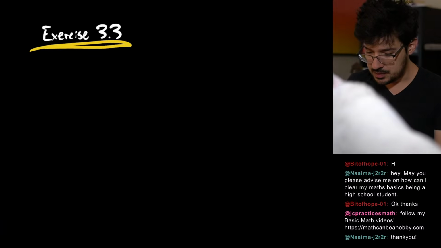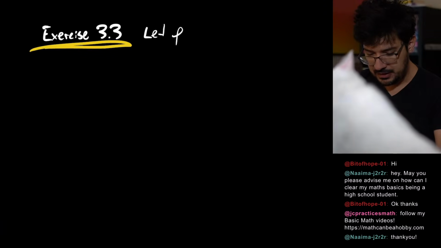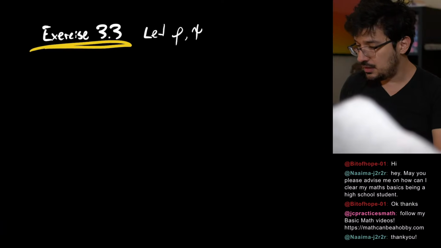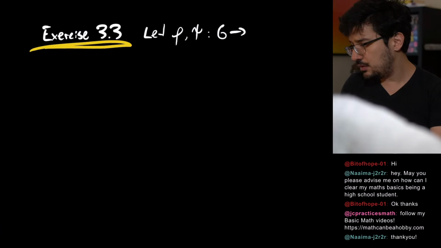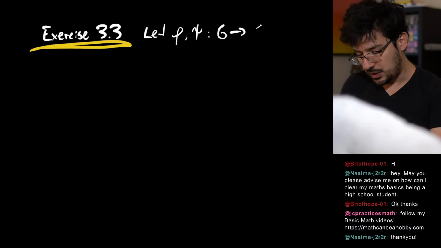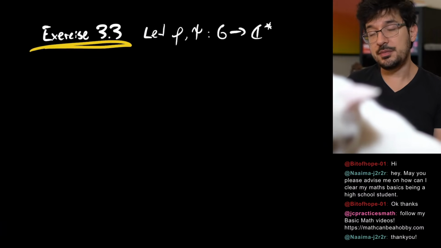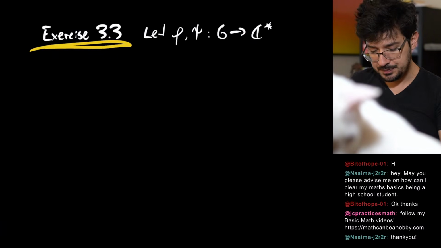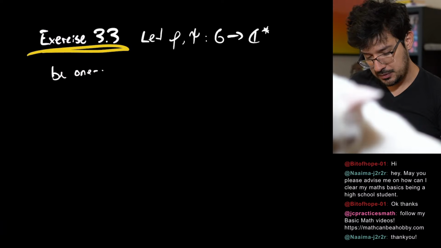This one says, let phi and psi be one-dimensional representations of a group into the one-dimensional complex numbers.